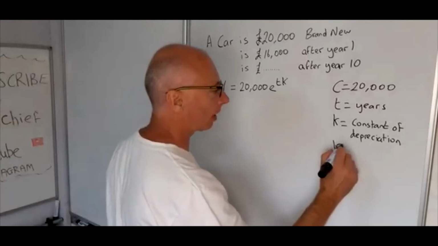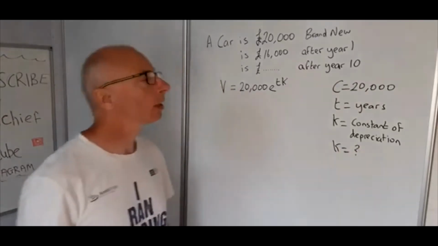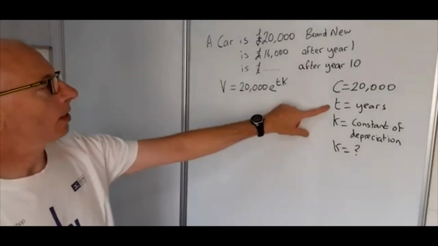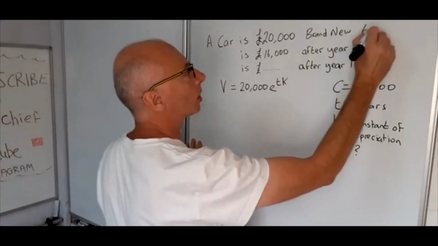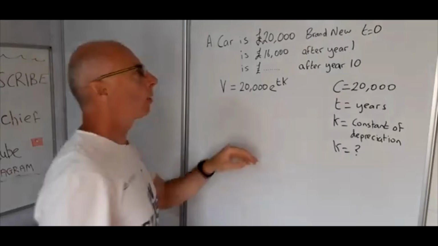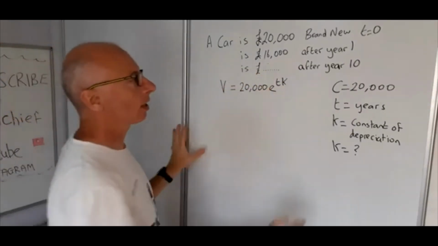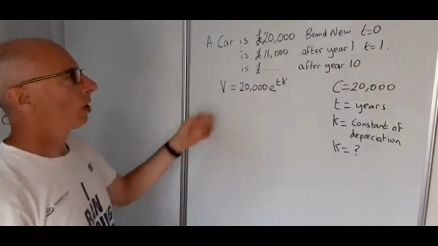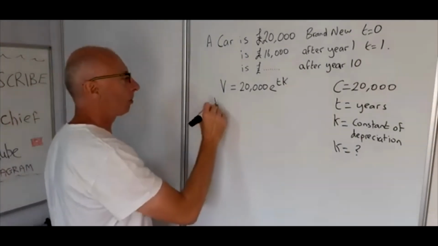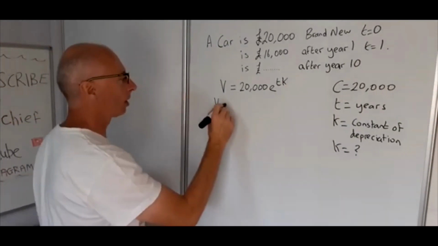So K equals what? Well, we know that when T equals 0, it's £20,000, and when T equals 1, it's £16,000. So here we can put V at year 0.